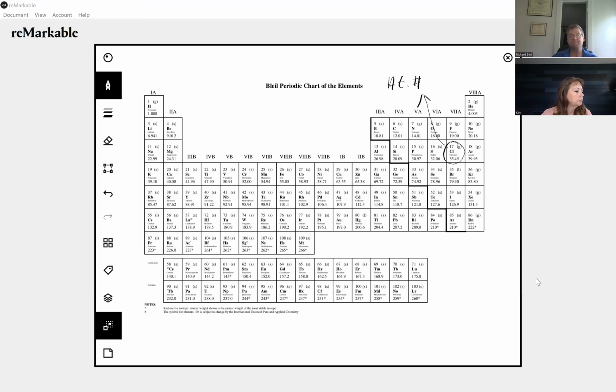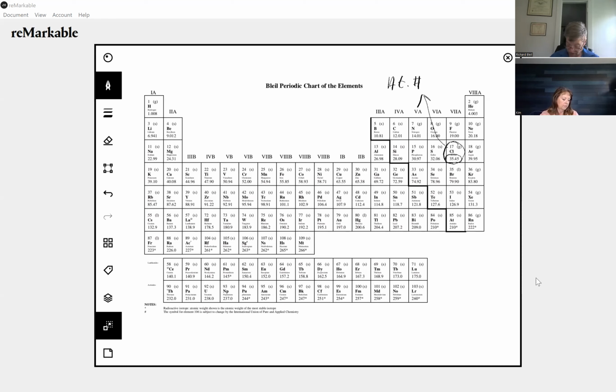Do you remember? 17. The atomic number is the number of protons. The two-letter symbol is Cl, and notice that the atomic weight, using the old-fashioned nomenclature, and more appropriately it should be called the atomic mass, is 35.45.